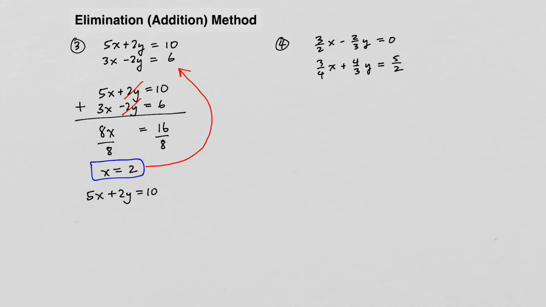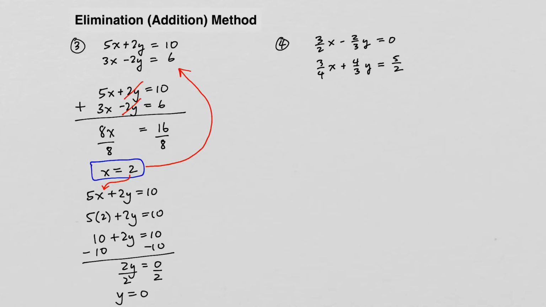And if I put x equals 2 into here, that will give us 5 times 2 plus 2y equals 10, which is 10 plus 2y equals 10. If we subtract 10 from both sides, we get 2y is equal to 0. And if we divide by 2 on both sides, we get y equals 0.